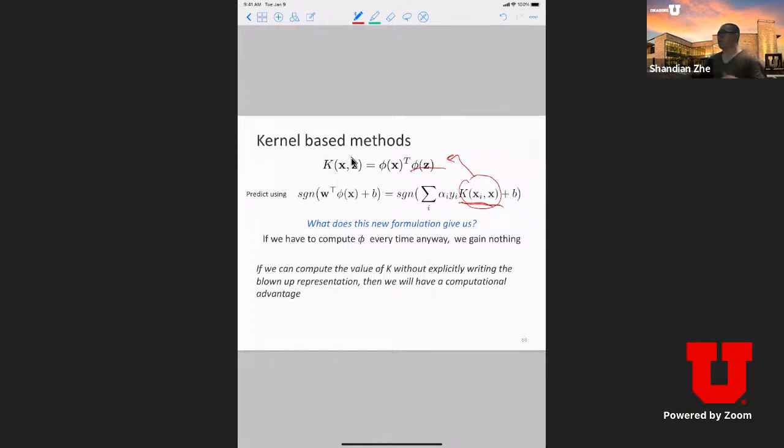If the answer is yes, we can reduce a lot of computation, and this is something we gain, right? So we call this kind of function a kernel function. Any questions so far?